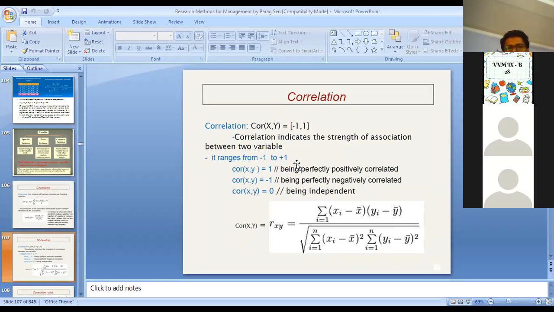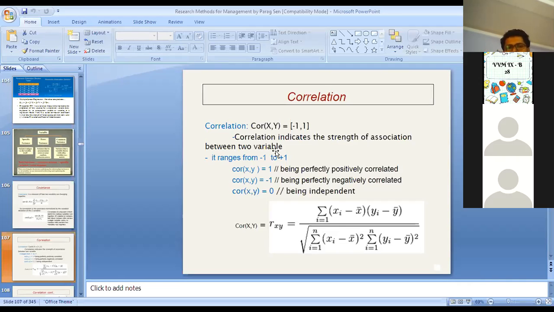If you find that the correlation is 1, it means perfectly positively correlated. If you find that correlation is -1, it means it is perfectly negatively correlated. And if you find that correlation is 0, that means being independent. That means X and Y are not dependent on each other; there is absolutely no relationship.